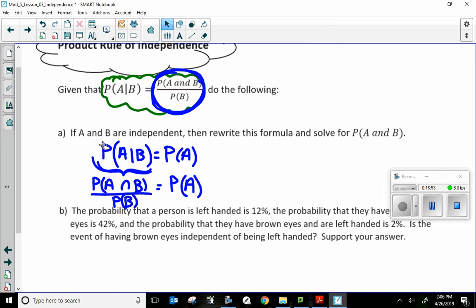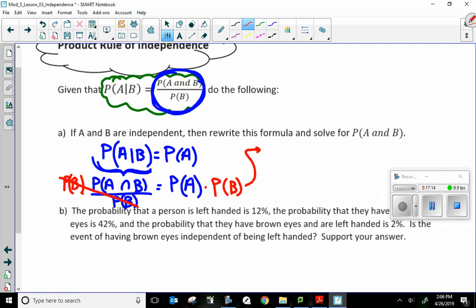Now, what happens if I want to get rid of that fraction? Algebraically speaking, if I want to get rid of the denominator on the left-hand side, I multiply by the probability of B, and what I do to one side, I have to do to the other. That gives us the following formula.